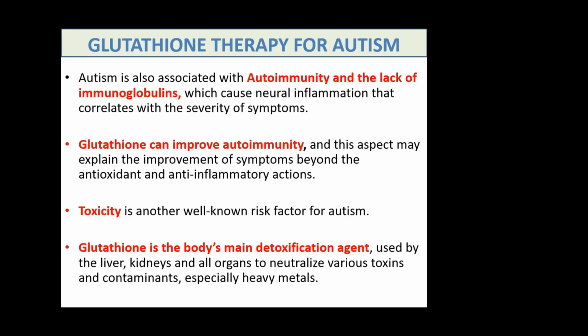Toxicity is another well-known risk factor for autism, and glutathione is the body's main detoxification agent, used by the liver, kidneys, and all organs to neutralize various toxins and contaminants, especially heavy metals. So you can see, beyond its antioxidant action, glutathione helps in autism through its immune modulating action, and its detox action.